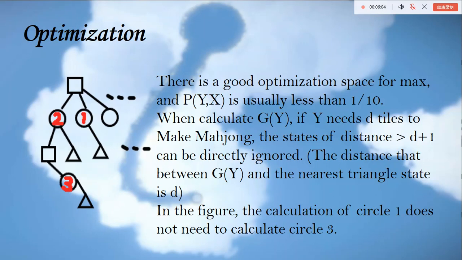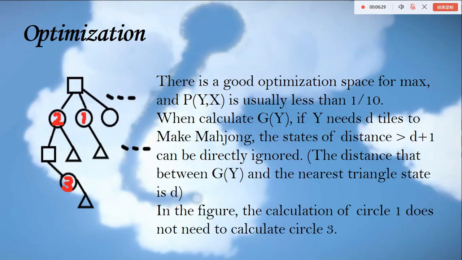The estimated value of the triangle state is very large, and the estimated value of the transition from one level to g of y will decrease by one level. Suppose the distance between g of y and the nearest triangle state is d, because the transition between f of x and g of y always alternates.